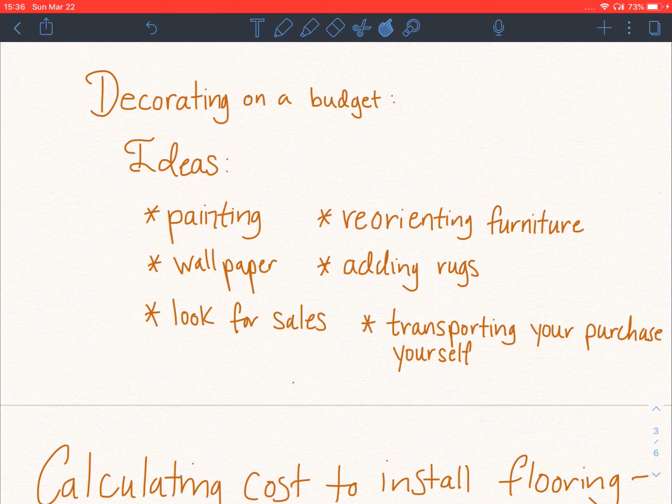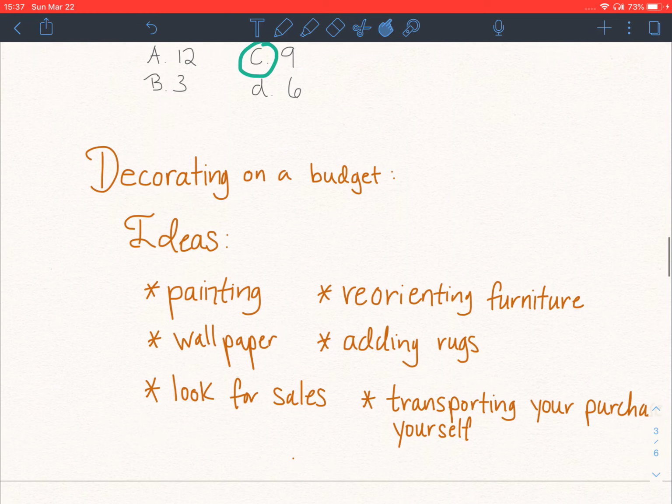You can try reorienting your furniture. I'm considering doing that this week, taking a space and seeing all the alternative ways in which I could make it feel bigger. You could add rugs to a space, which you could find via sales. Another way to save money when decorating yourself is transporting your own purchases.